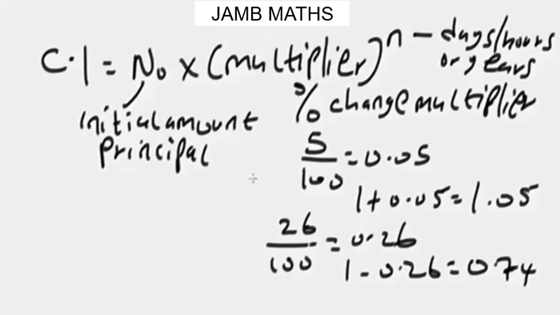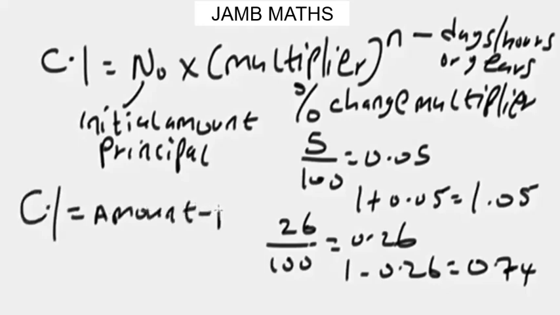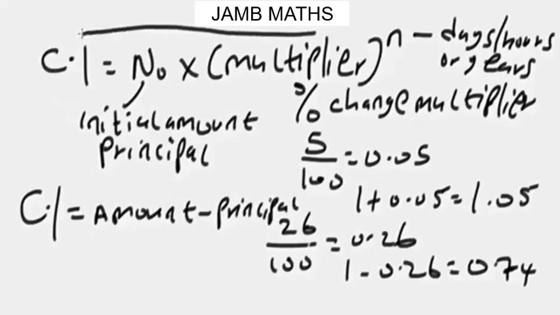So basically, the compound interest will be the amount you get in that particular year minus the principal. You use this formula to get the amount. So let's wipe this and look at a practice question on this.